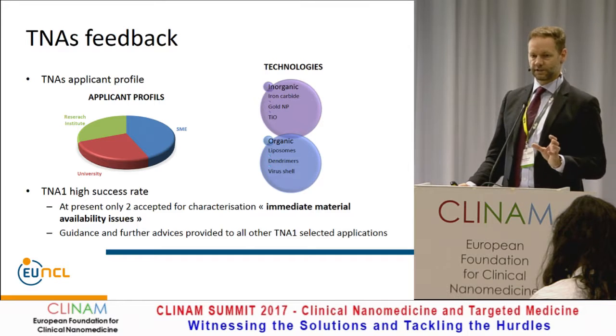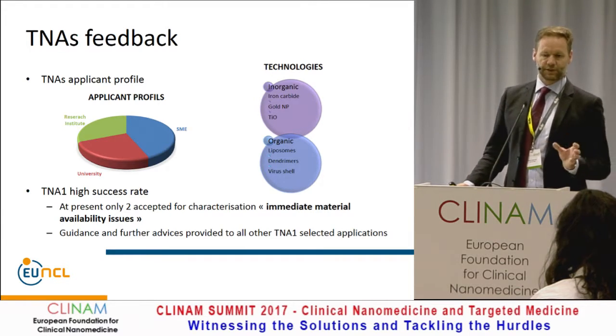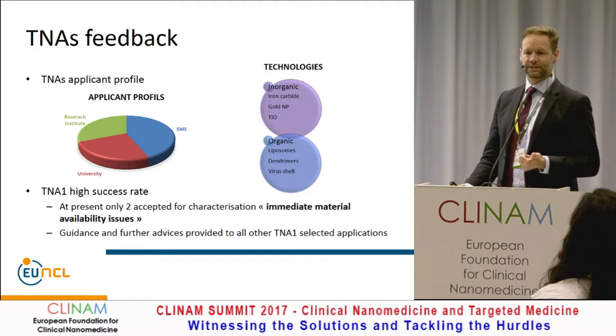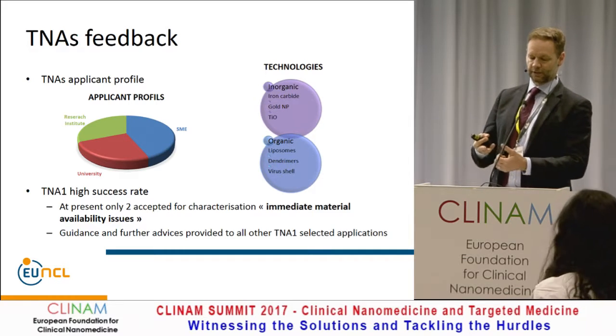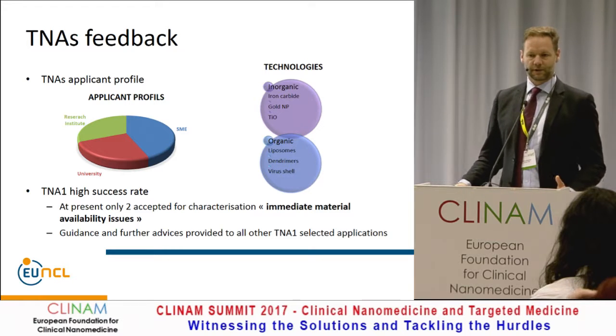So this is really critical. We may not ask for GLP grade material, but at least to have a quantity which is enough to go for the whole physical, chemical, and in vitro characterization at first, and endotoxin and contamination free.